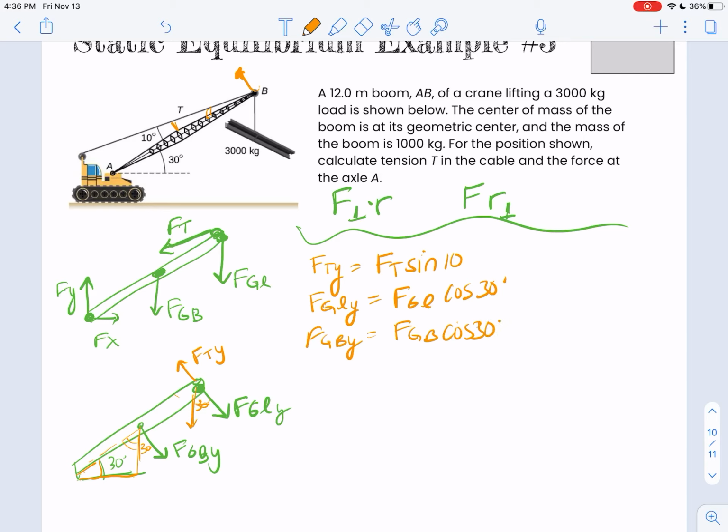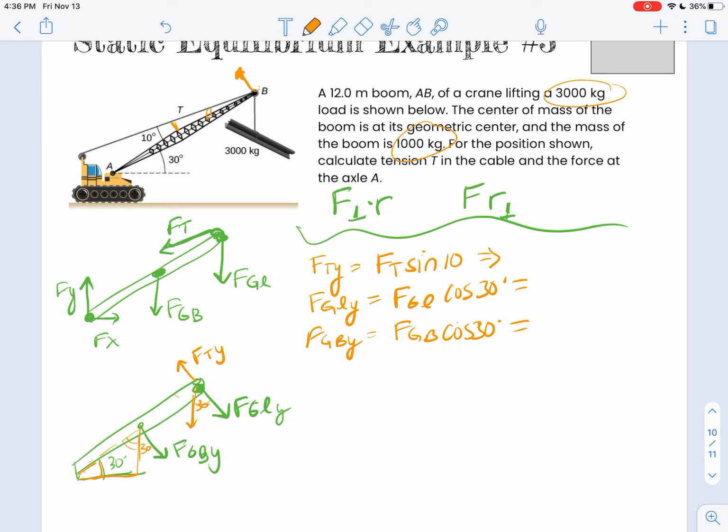All right, and so to make these a little bit easier, this one we can't really change, but I'm just going to go ahead and get a number for FG load cosine 30, because we know those masses, okay? So just to make it easier down the road, so I don't have to write all those components because I don't have enough space on here. Okay, so let's see, the load is 3,000 kilograms, so times 10, and then times cosine of 30. I should have done cosine of 30 first. I need a real calculator.